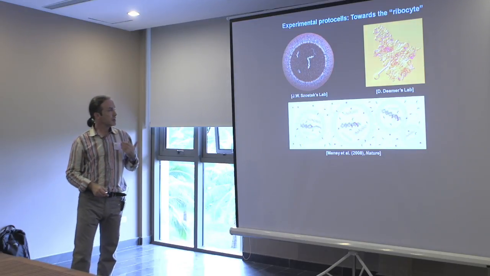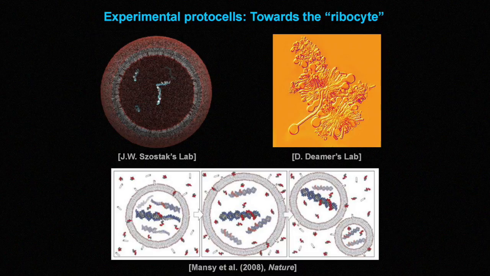Indeed, there are very good groups working in the integration of the so-called ribocyte. This is a model of how a cell could have existed with only RNA working as the genome and as small parts of the RNA performing biochemical functions, ribozymes.